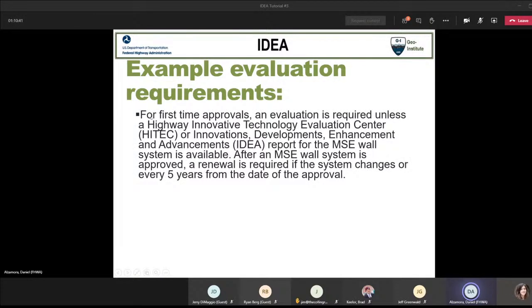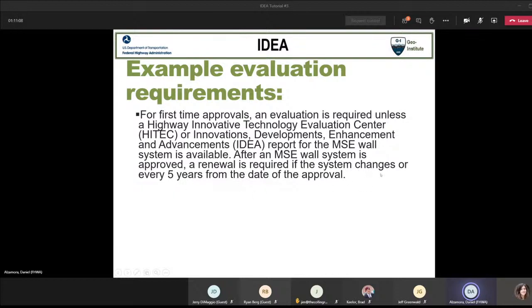Here's another one. In this state, they're beginning to incorporate IDEA, again, requiring a high-tech evaluation or an IDEA evaluation report in this particular state. So it's beginning to get moving forward and incorporating both as alternatives. After an MSE wall system is approved, a renewal is required if the system changes or every 5 years from the date of the approval.